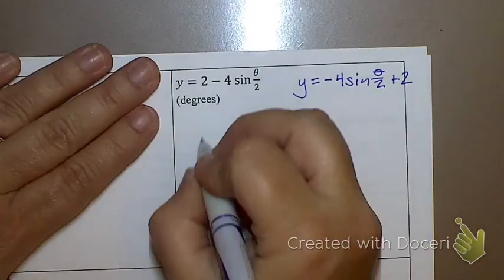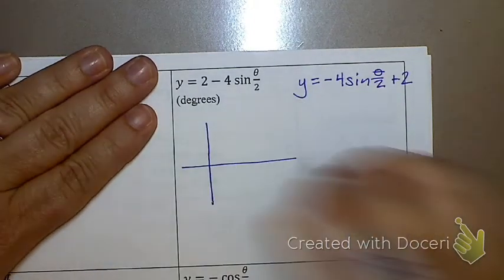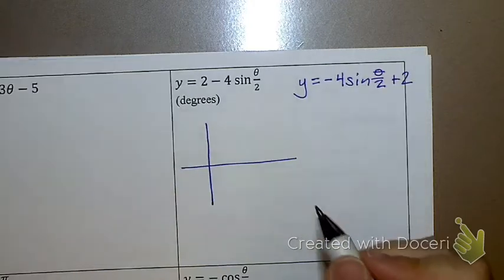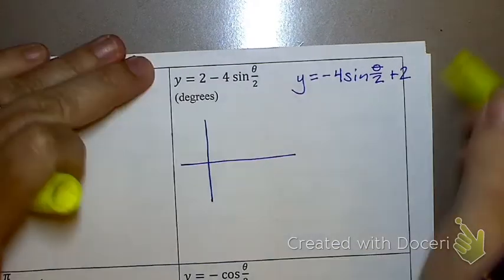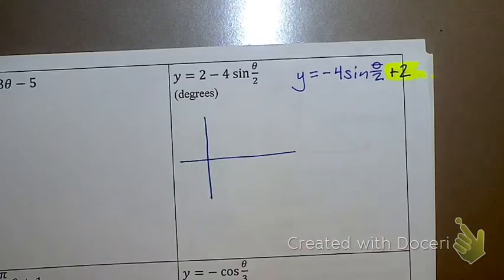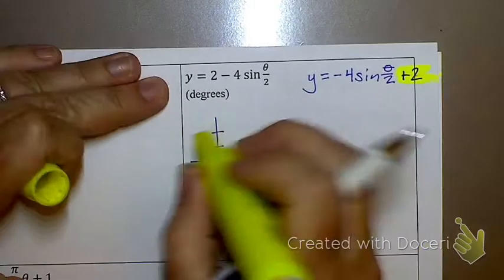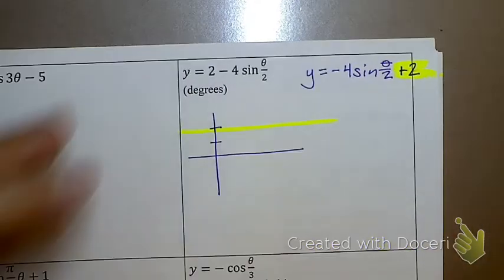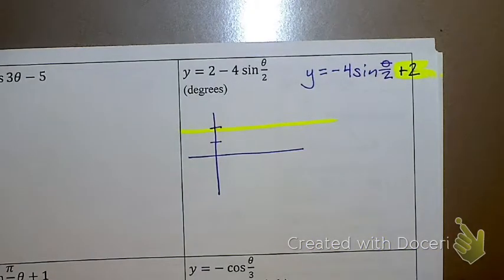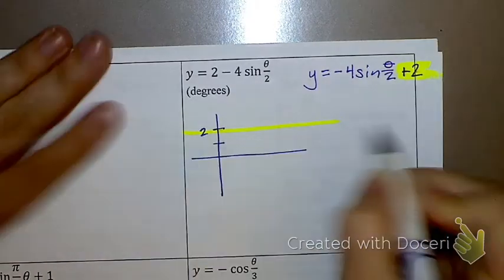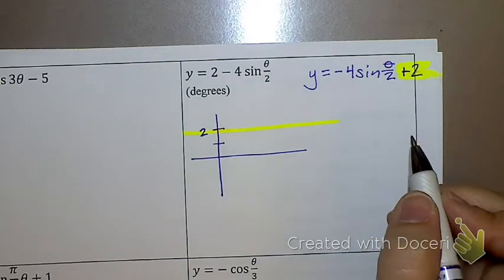So, there's no graph provided, so I'm going to have to draw a graph. Bummer. Where's my k value at? 2. So, when I go up 2, here we go. Boom. So I label my midline. Where am I going to have to go from there?